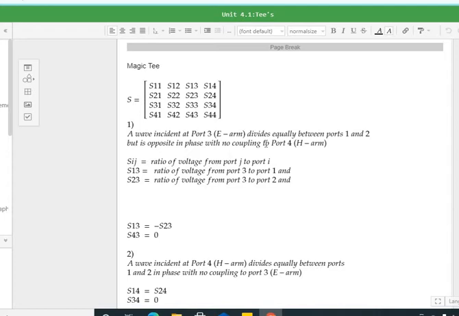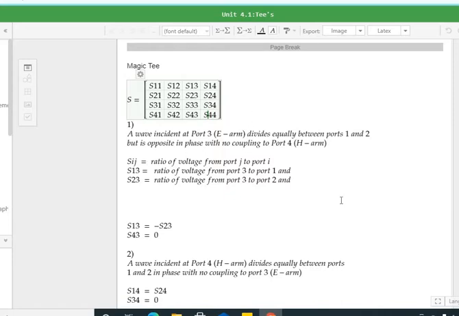It is a 4-port network, so the matrix is 4 cross 4. This is how a typical 4 cross 4 S parameter matrix would look. Let us see how to populate the values of this 4 cross 4 matrix depending on the properties of the magic T.